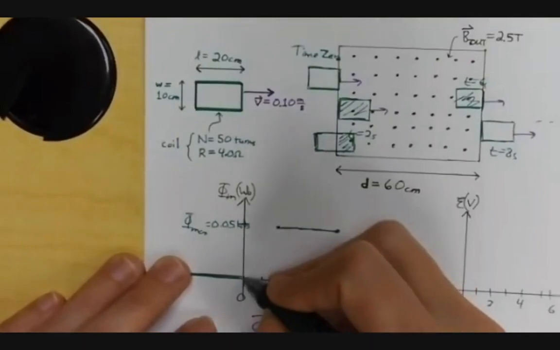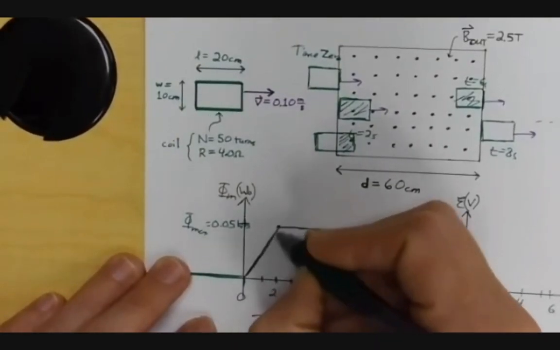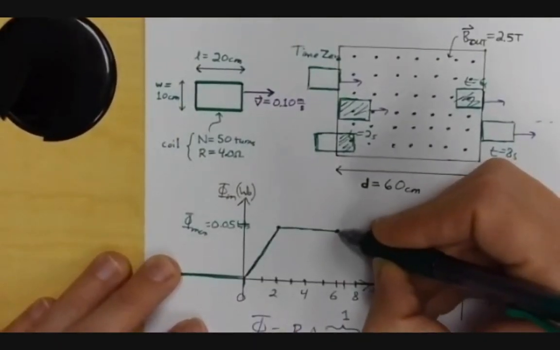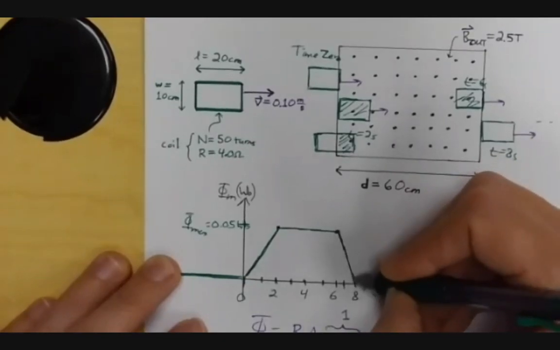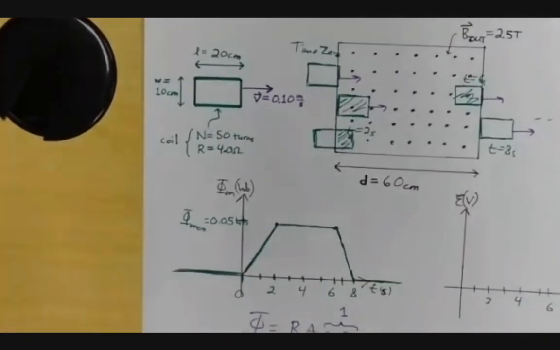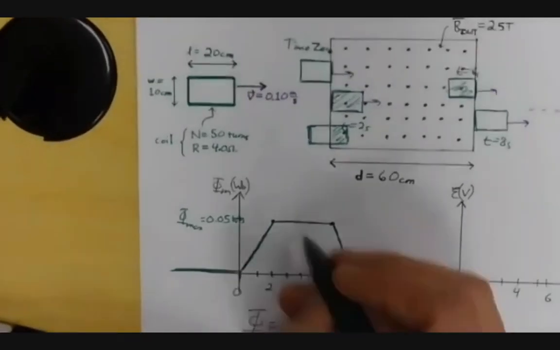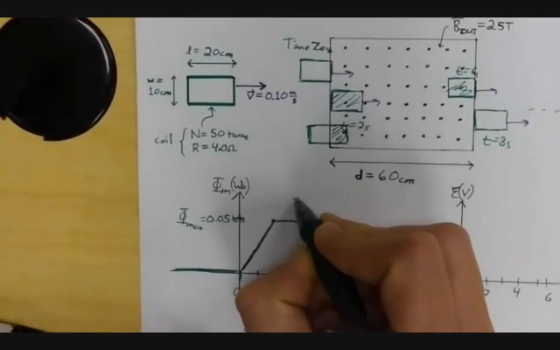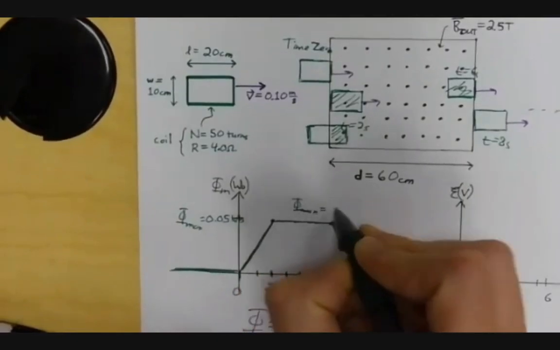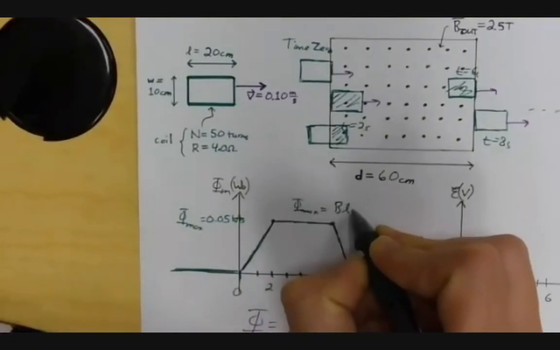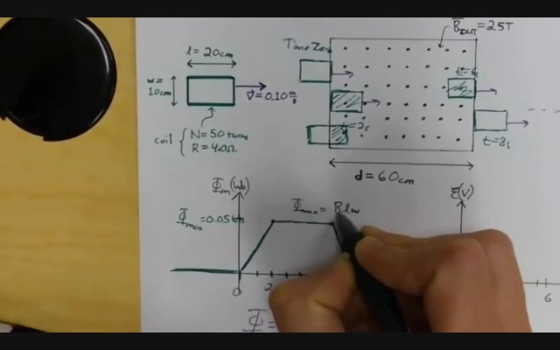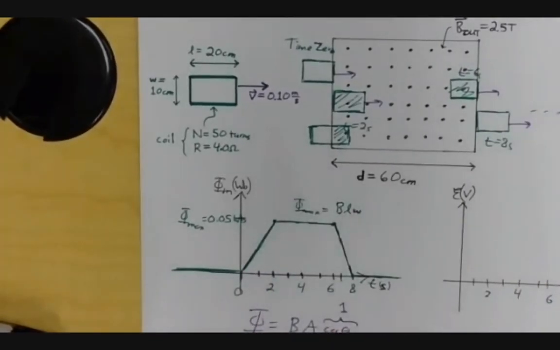So this is going to be nice and linear. And this is going to be nice and linear the other way, like that. We could write this out. Let's just say phi max is BLW, magnetic field times area, length times width.